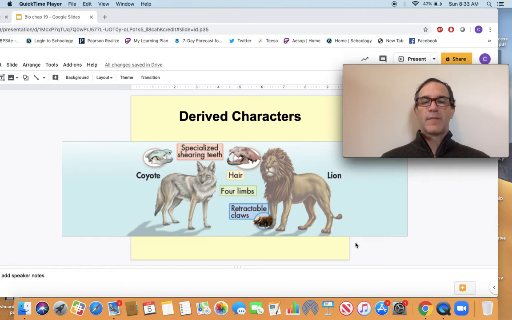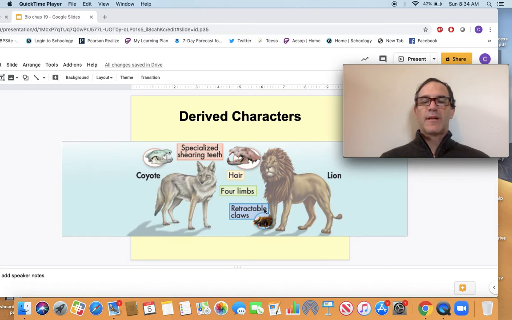Here are some others. If we look at a lion, we might say, well, it has hair, right? It has retractable claws. If we look at a coyote, we might say, well, it has specialized shearing teeth. Now, each of them has its own characteristics, but we also see some that they both share, right? They both share hair. They both share four limbs. They both share a backbone. So that would put them together in a bigger group, a bigger clan. But they also have some that belong only to their group.